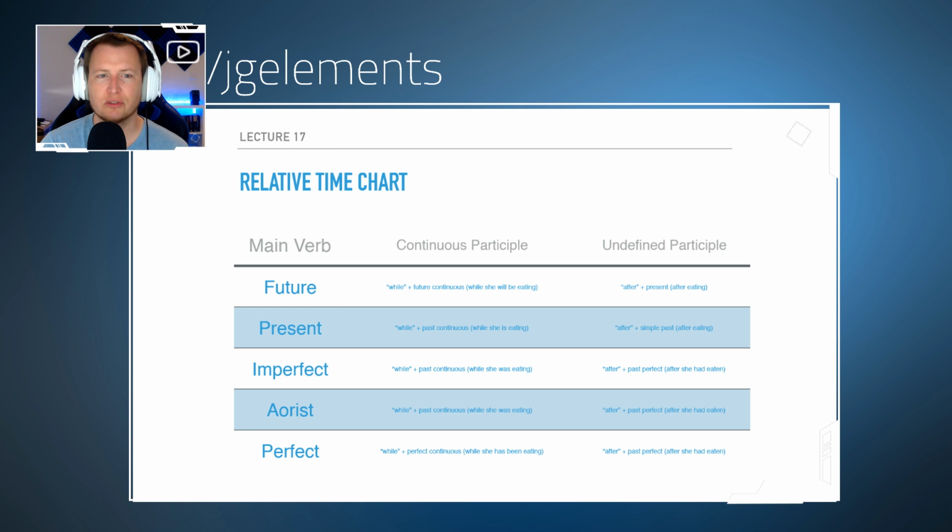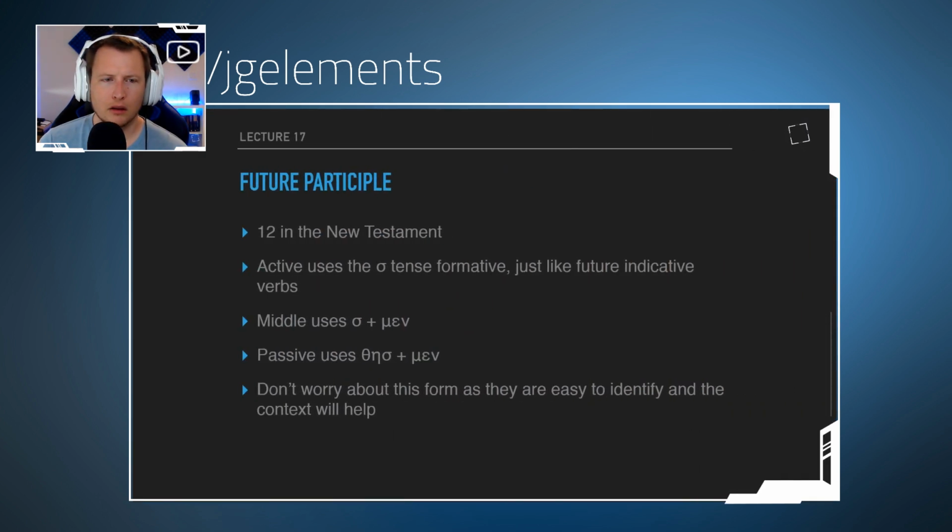Okay, so that's how you use relative time. The main verb informs how you translate the participle, whether it's continuous or undefined. We'll return to something like this later. Now, do bear in mind there are 12 future participles. You need to memorize them. The active uses the sigma tense formative just like future indicative verbs.